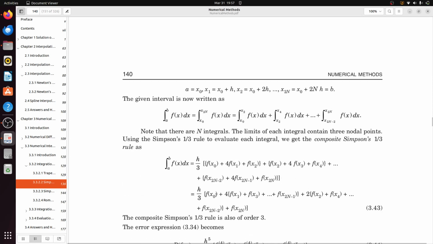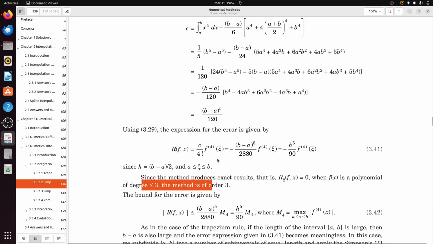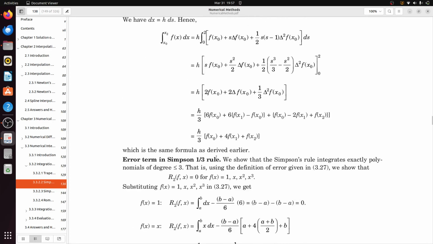Now the composite integration formula will be h by 3 f x0 plus 4 f x1 plus f x3 plus 2 into f x2 plus f of 2n minus 2 plus f of x2n, because for this 4 x1 there will again be plus 4 x3. देखो आप कैसे ब्रेक कर रहे हो, x0 x1 x2, then x2 x3 x4.